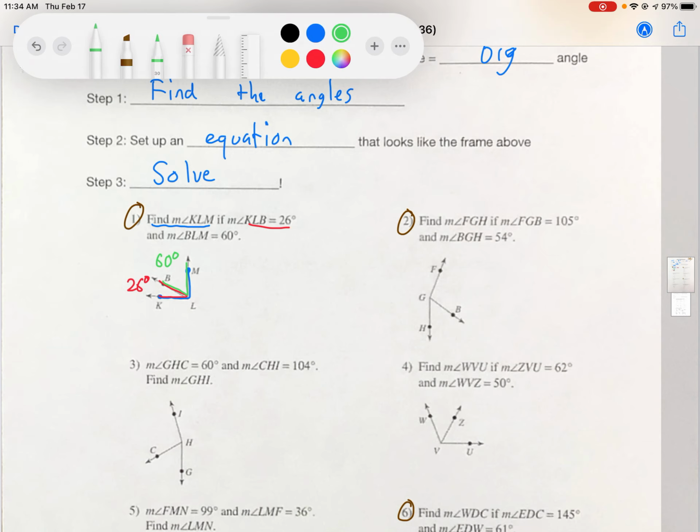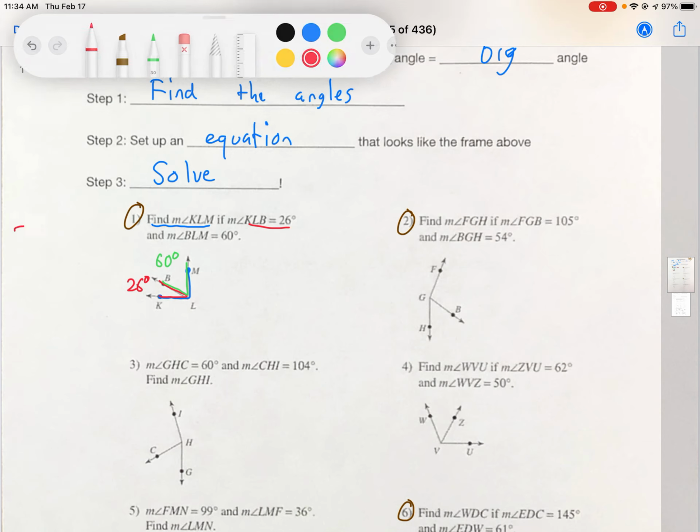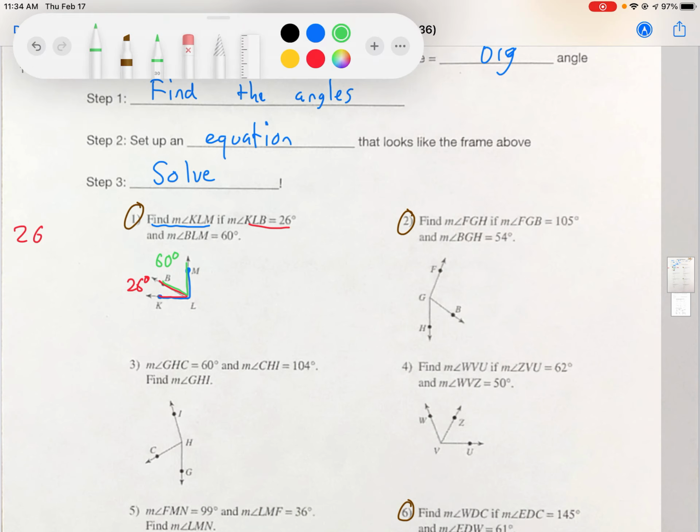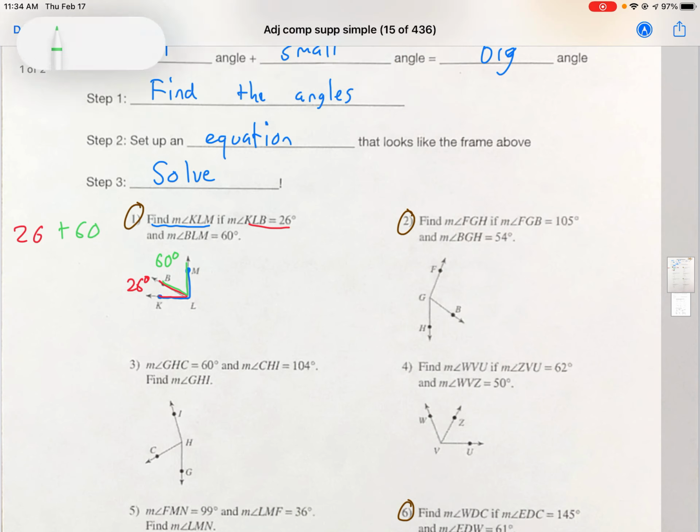So all that I'm going to have to do here is add my small angle to my other small angle, and that equals my answer. And this is the kind of problem where I can go ahead and just do the calculation. It's a quick bit of addition, 26 plus 60.